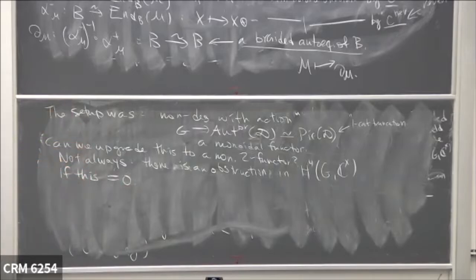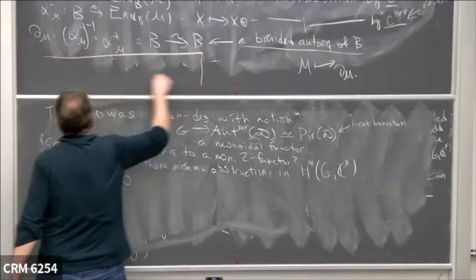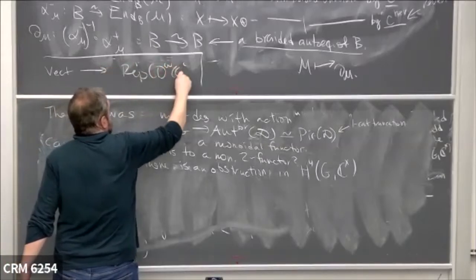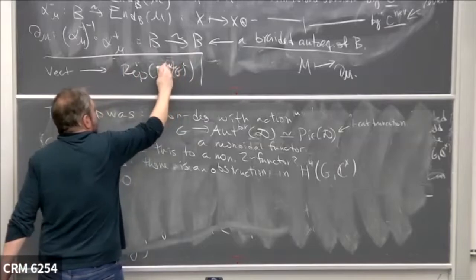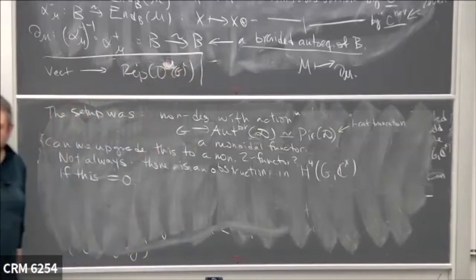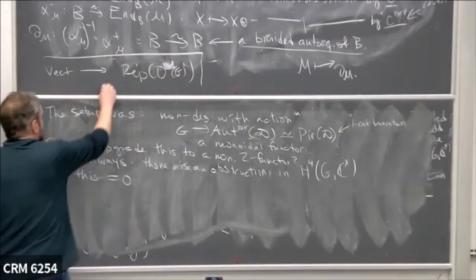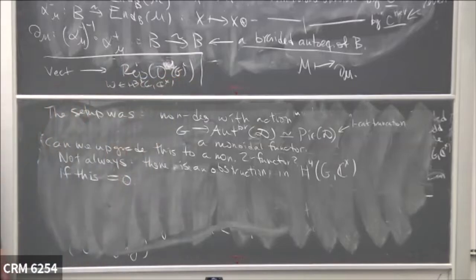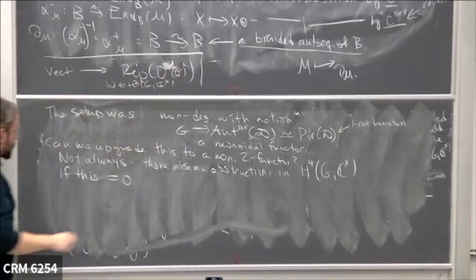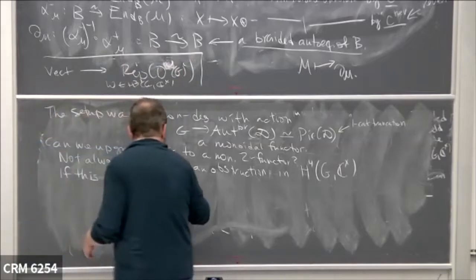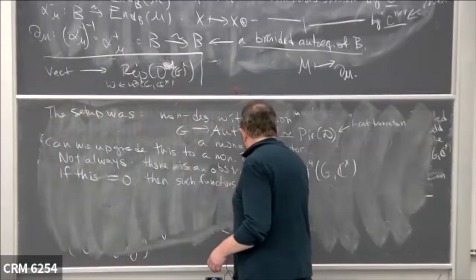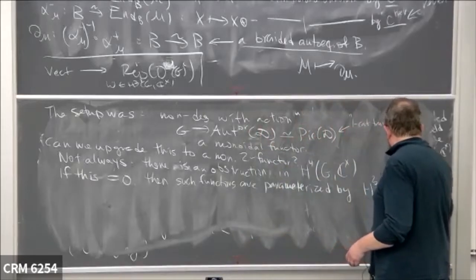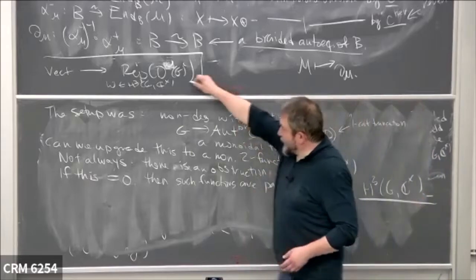I think it's already gone from the board. But remember, we recovered from Vect all these twisted Drinfeld doubles. And it was significant that it's not just a single Drinfeld double, but a whole family of them, where omega is a third cohomology class. So it wasn't a coincidence. Because in this case, if the obstruction vanishes, then such functors are parameterized by H3, the third cohomology group, just like they are here.